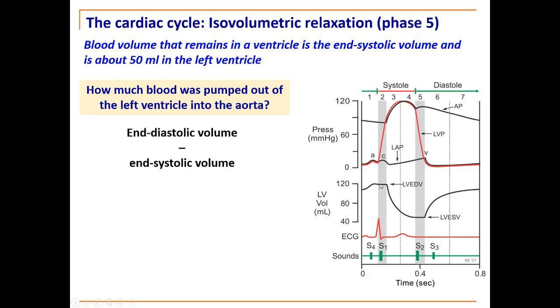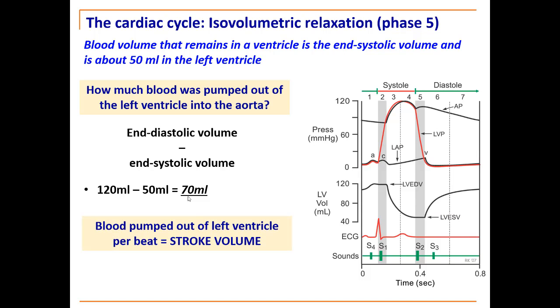Well, it's the end diastolic volume, which is the maximum you've got in there. Take away the left end systolic volume, and that leaves you with about 70 mils. So with every heartbeat at rest, you're pumping out about 70 mils of blood from your left ventricle into your systemic circulation. And that blood that's being pumped out is called your stroke volume, the volume being pumped out with every stroke of the heart.